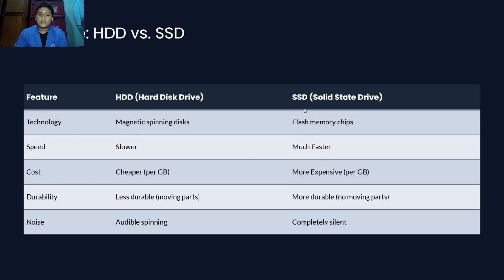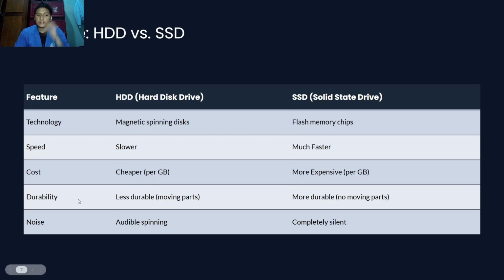For cost, SSD is more expensive, while the HDD has a magnetic spinning disk, so it has lower speed and is cheaper than SSD.